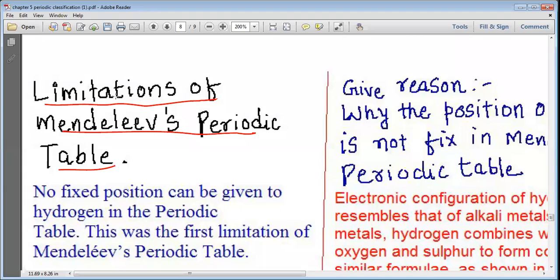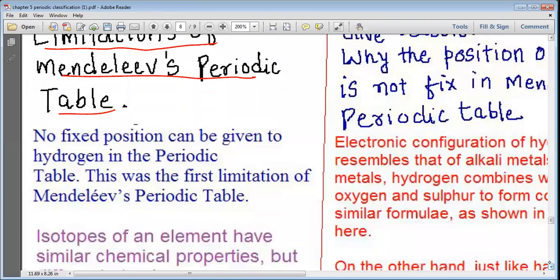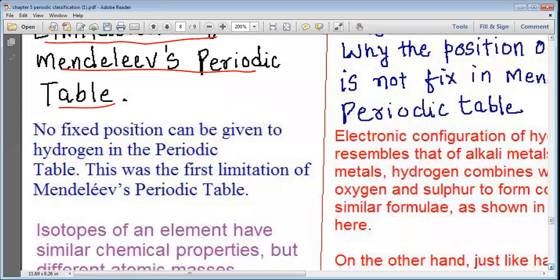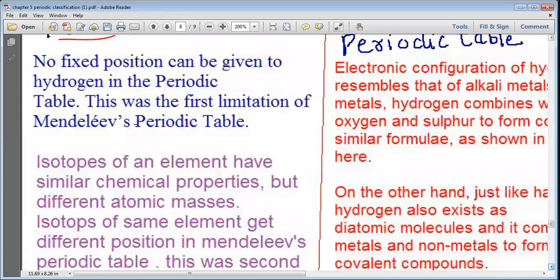Now, my dear students, we have the next topic, the limitations of the Mendeleev periodic table. What were the limitations? No fixed position can be given to hydrogen in the periodic table. Mendeleev's periodic table did not have a fixed position for hydrogen.